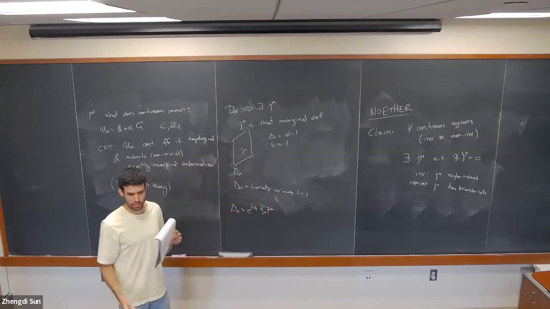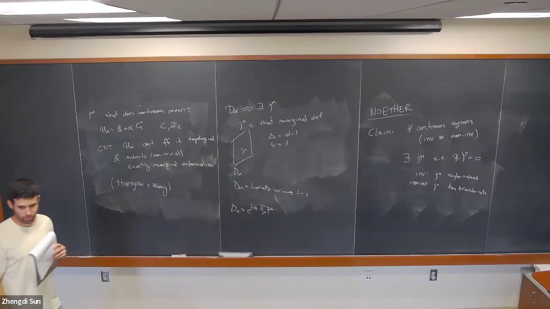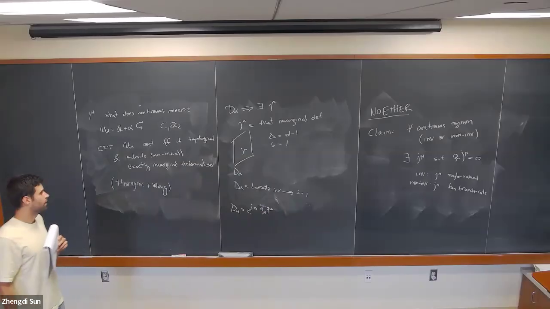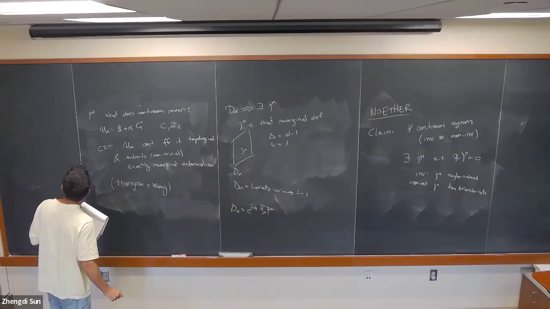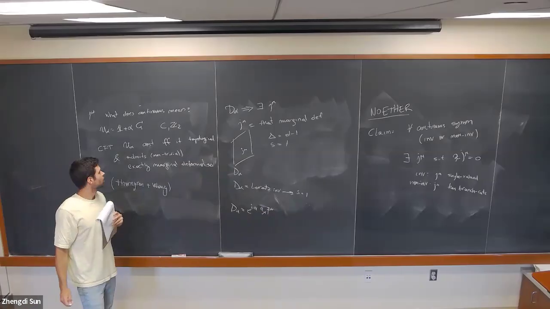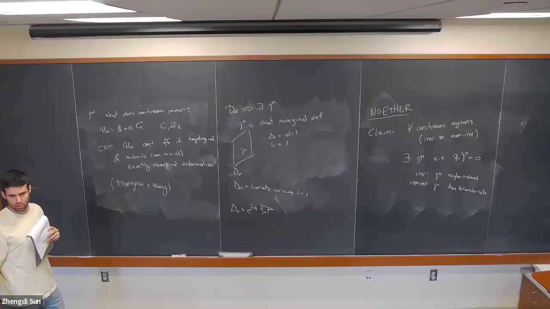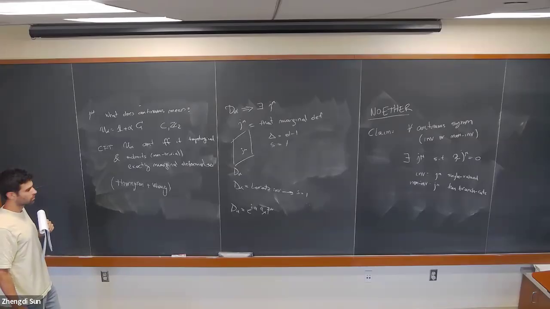Just to clarify, does that claim mean that J mu is the deformation that is a symmetry under U alpha? I don't think it has to be necessarily, no. You can have an exactly marginal deformation that breaks the symmetry that you are generating from that.